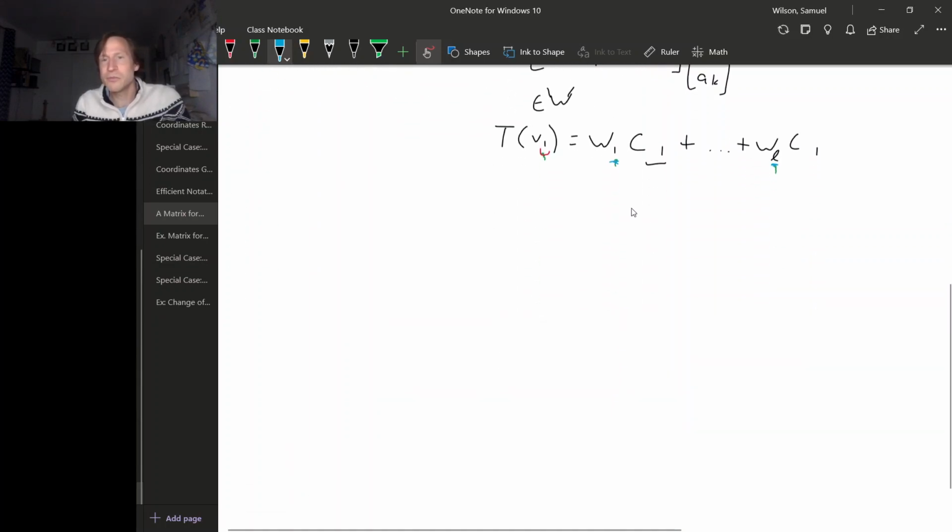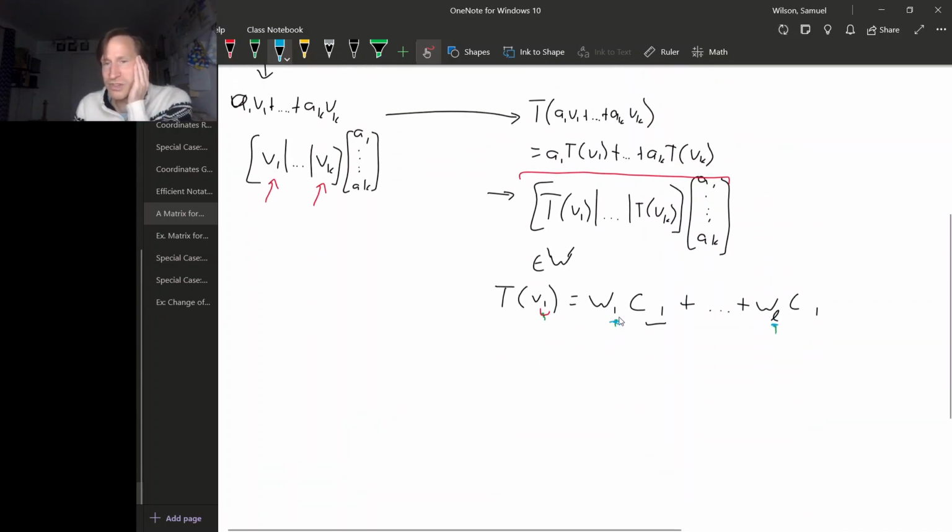And column subscripts get summed against row subscripts. So if it's column 1, the corresponding subscript should show up in the row position for the coefficients, all the way up to W L C sub. So the row subscript should be L times 1.